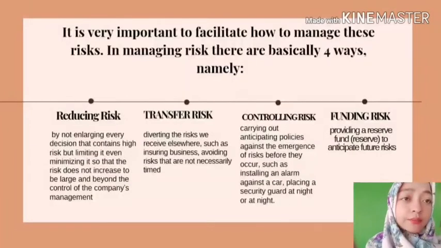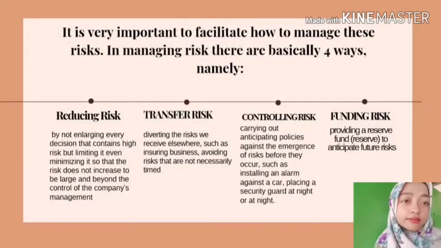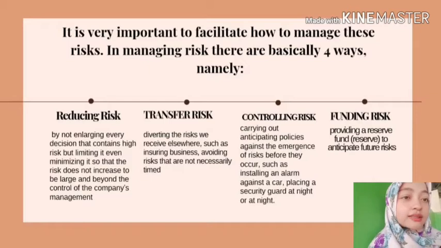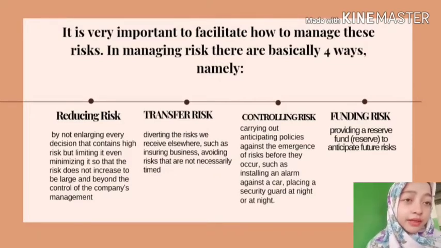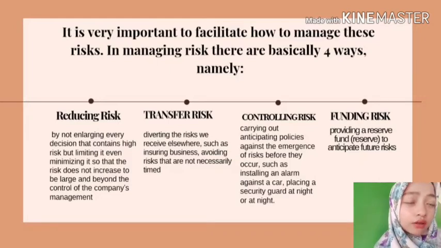It is very important for us to know how to manage our risk. First is reducing risk. The second is transferring risk, the third is controlling risk, and the next is funding risk. First, minimizing risk is about how to minimize our risk and keep it from becoming large beyond the company.